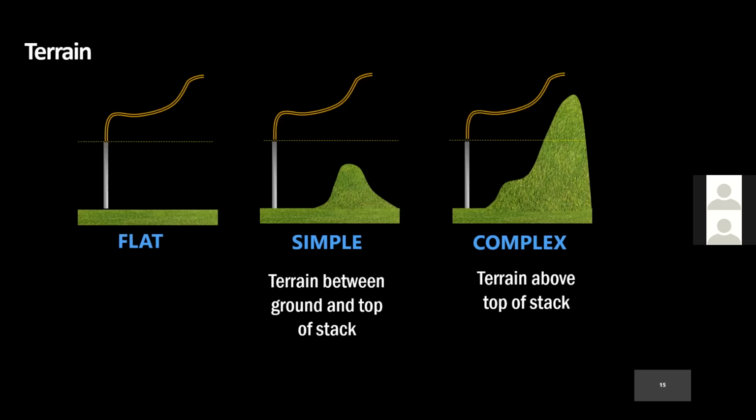Simple terrain means that there's hills or other kind of terrain features that exist within the domain that are higher than the base of the stack, but lower than the top of the stack. That's considered simple terrain. Or if we have bigger terrain features, bigger hills or mountains or whatever that actually exceed the top of the stack height, that's considered complex terrain. So we'll have to pick one of these options for SCREEN3.